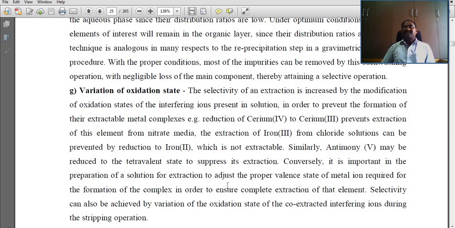Variation of oxidation state. The selectivity of an extraction is increased by the modification of the oxidation state of the interfering ions present in solutions, in order to prevent the formation of their extractable metal complexes.